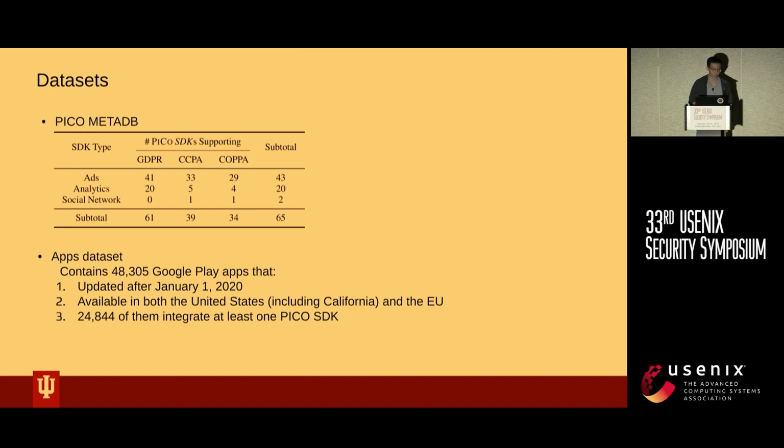And for the apps dataset, we collected more than 48,000 Google Play apps, all of which were updated after January 1st, 2020. And we make sure all of them are available in both the United States and Europe. After our analysis, we found that more than 24,000 of them integrate at least one PICO SDK.